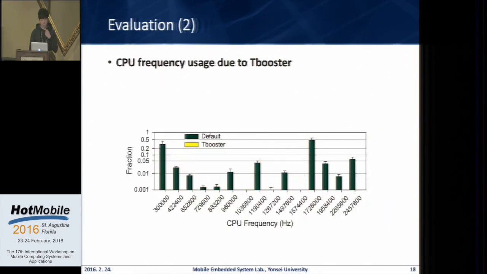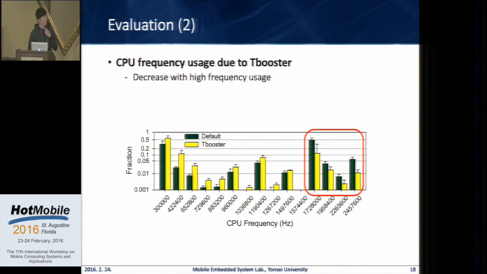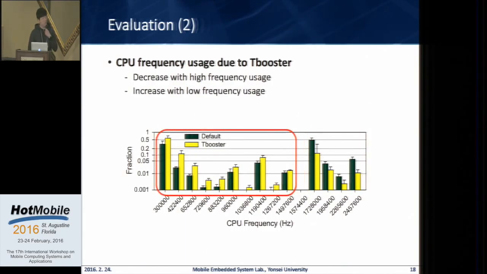In terms of CPU frequency usage, current touch boosting seems a little skewed to higher frequency. But with our Tbooster, higher frequency usage decreases and lower frequency usage increases. And this shows that our adaptive boosting technique works well.